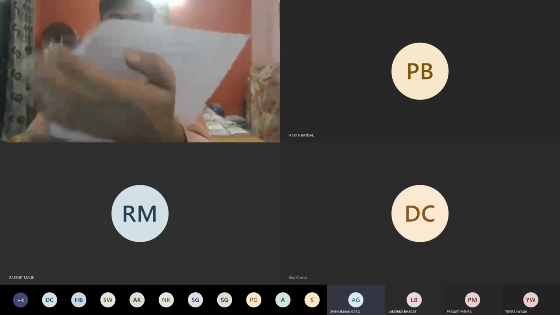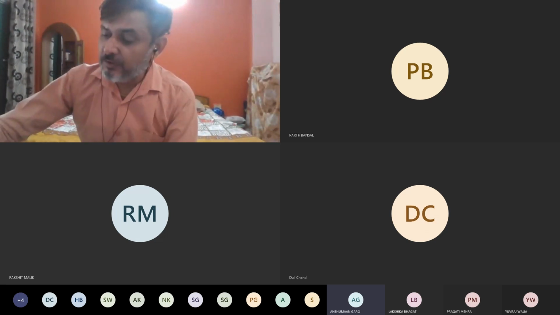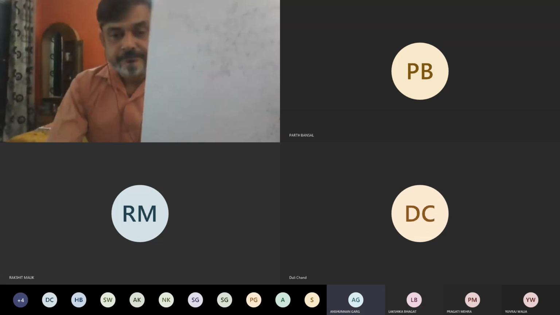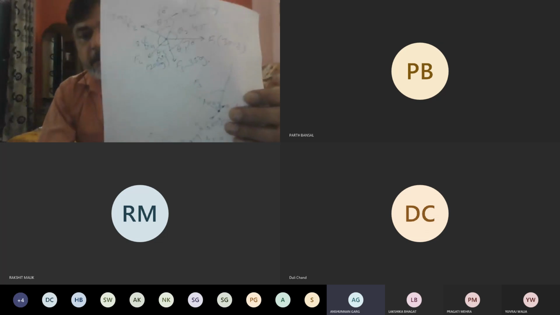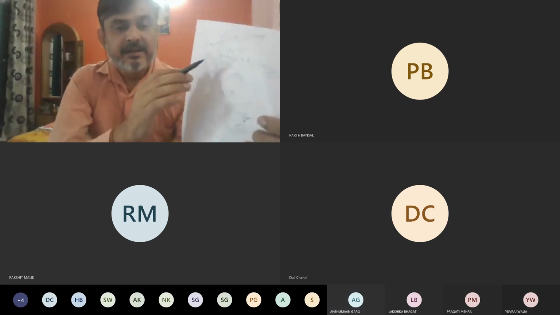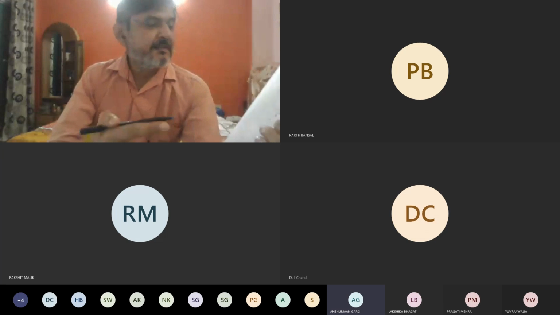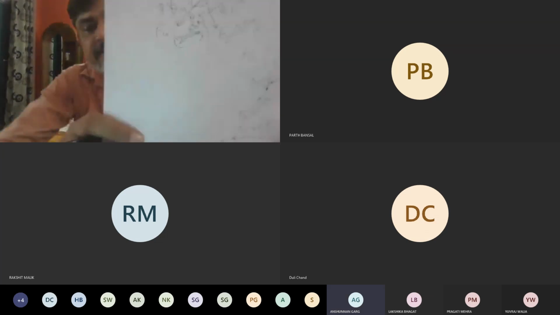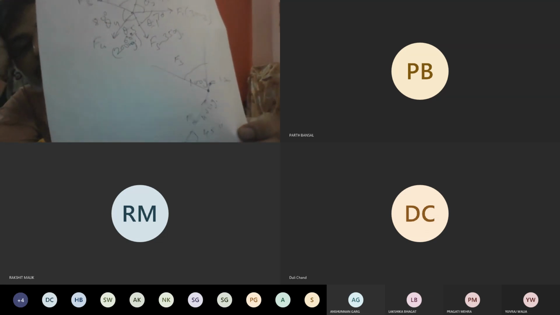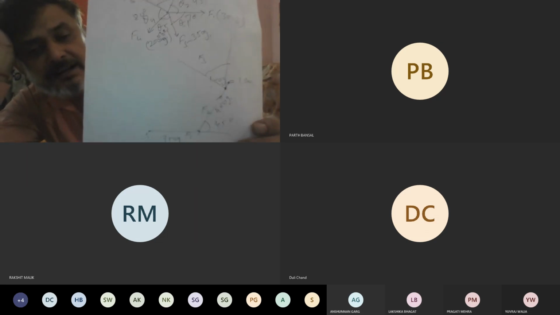So we have to take the value here and put a line of the magnitude of F3, which is 300 grams. So we have to put a line of 3 centimeters.